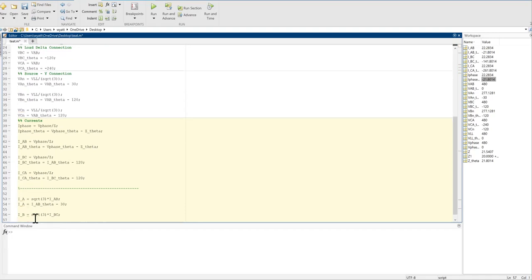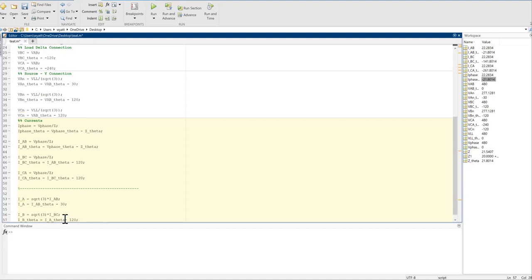Current will be exactly the same thing, I_B theta is going to be equal to I_A theta minus 120.